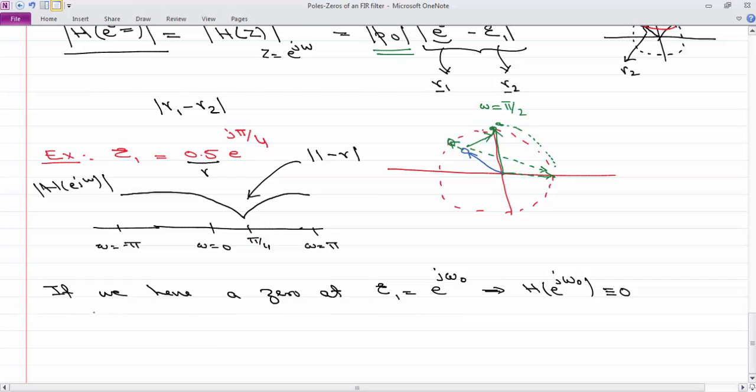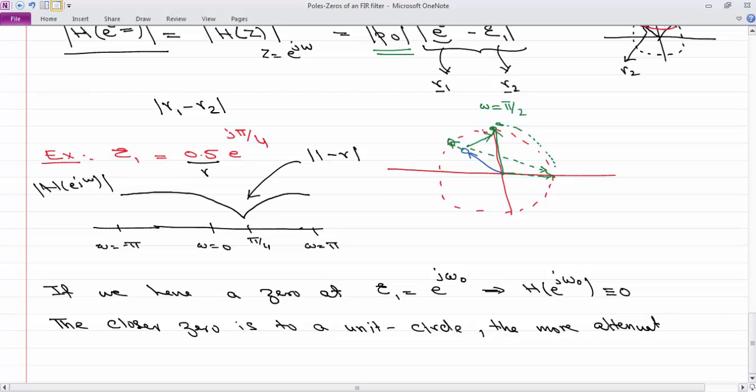And the second thing is, the closer the zero is to the unit circle, the more attenuated your frequencies are at or near the direction of the zero.